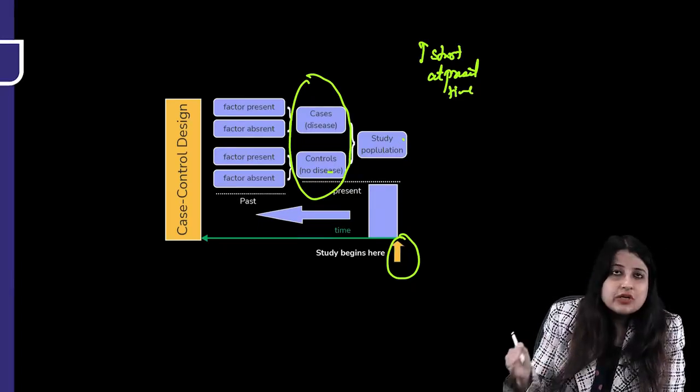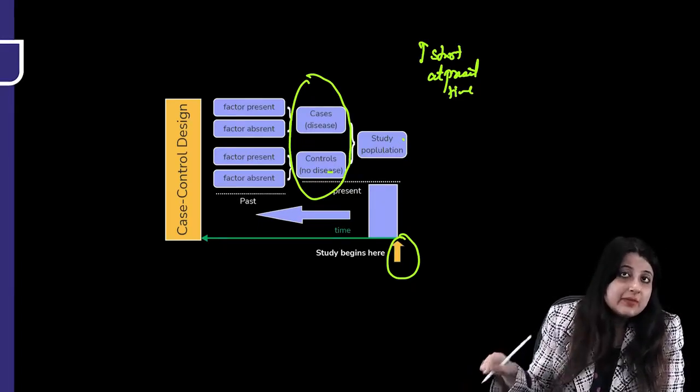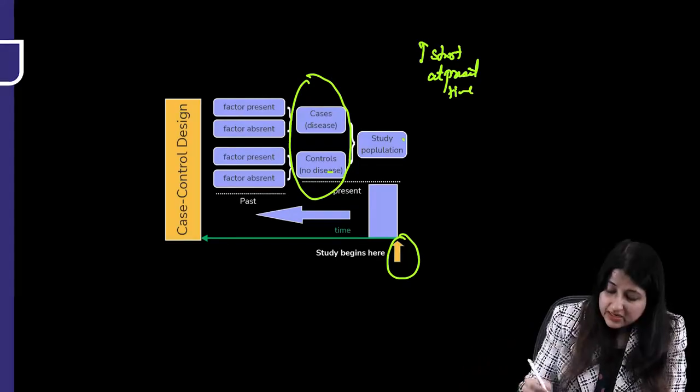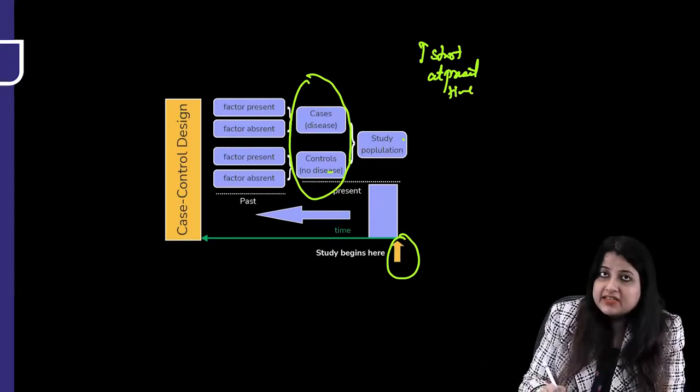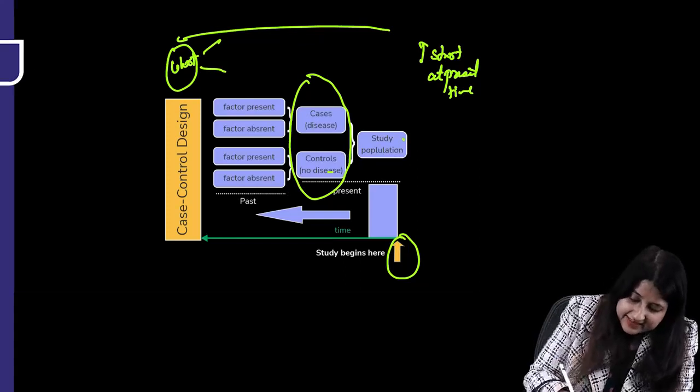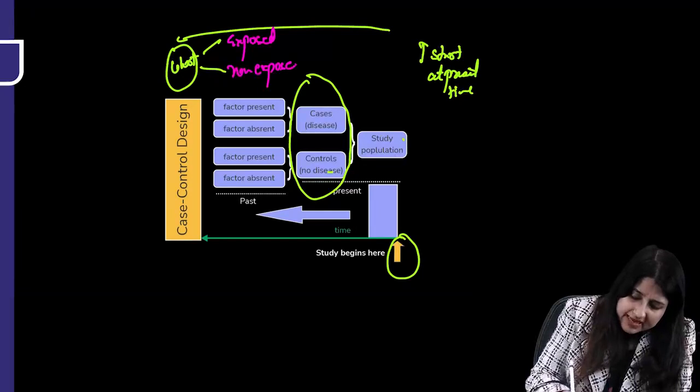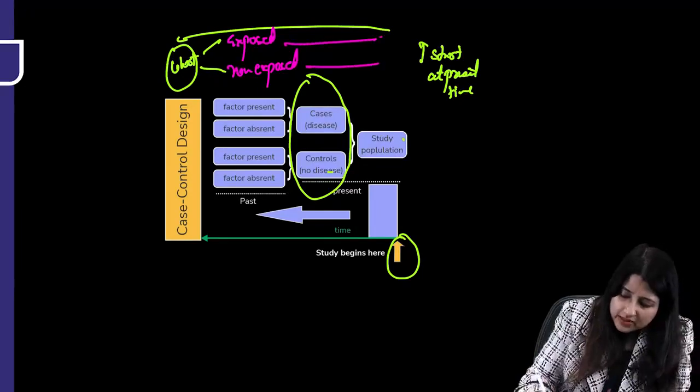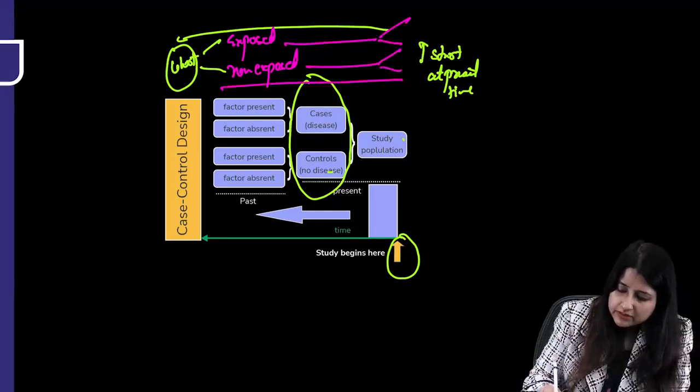No. The outcome might have occurred, but we determined it at the time the study begins. So I was not starting with diseased and non-diseased. I had gone back, I had taken a population, used historical data and divided them into, let's say, exposed and non-exposed, and then I had come forward in time to look at the outcome, right?